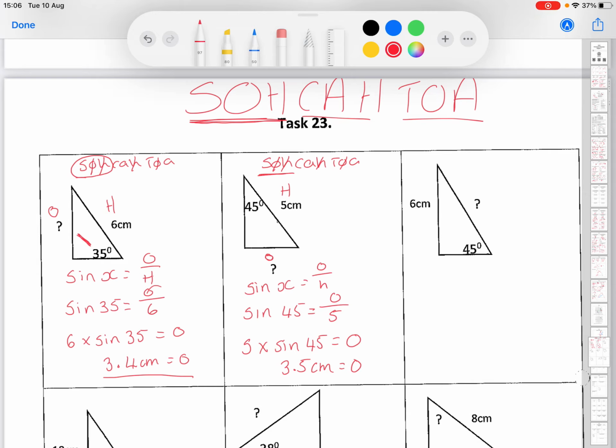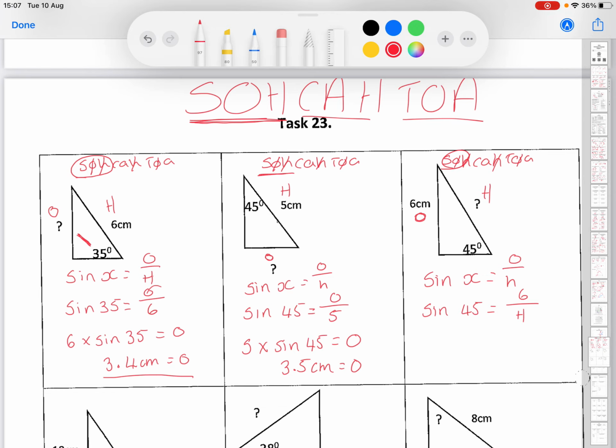So very similar triangles, but our angle moved, but we were still using sine. Let's have a look what we're using for our next one. So we've got our angle 45. Our 6 is opposite the angle. Our question mark is our hypotenuse. So O and H. If you write SOH CAH TOA, we've got O, H, H, O, so we know it's the SOH. So sine of the angle x is O first over H. We've got sine of 45.